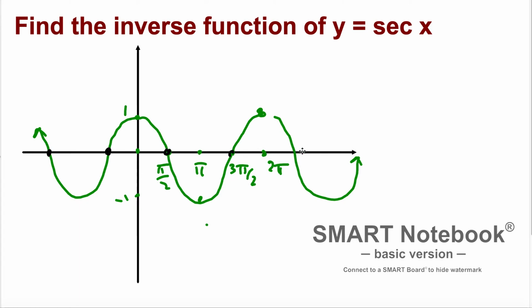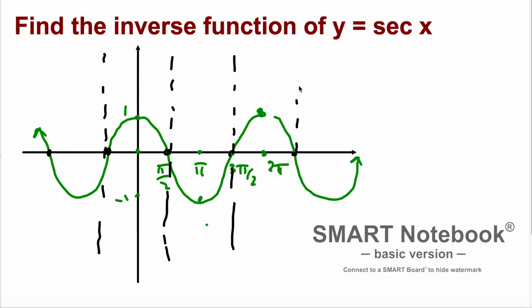So the vertical asymptotes are going to go through this critical point whenever the graph of the cosine x intercepts the x-axis. And those are the points. And here is the same thing. And those are the points.